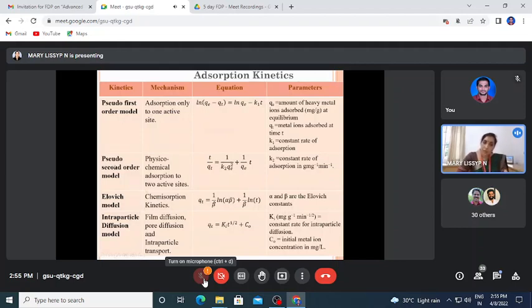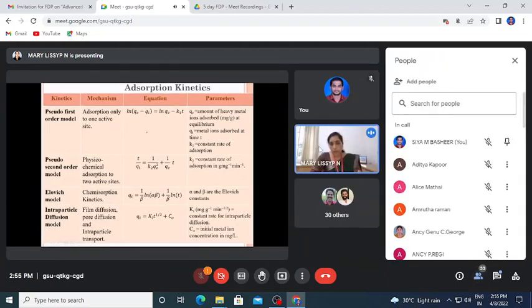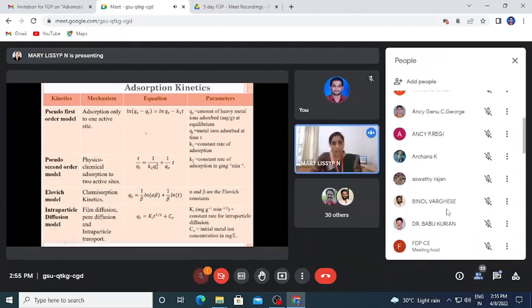For these models, there are many equations corresponding to each model. Based on the data we obtained from the experimental study, using these equations, find all the parameters and check whether the equilibrium data fits which model or mechanism.